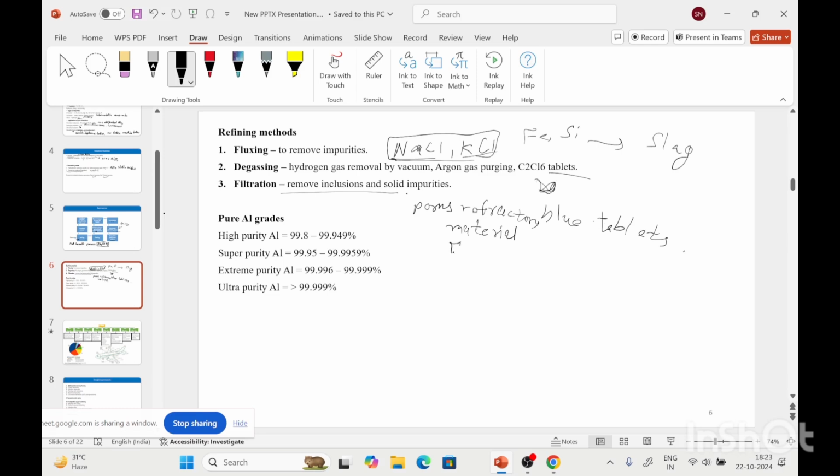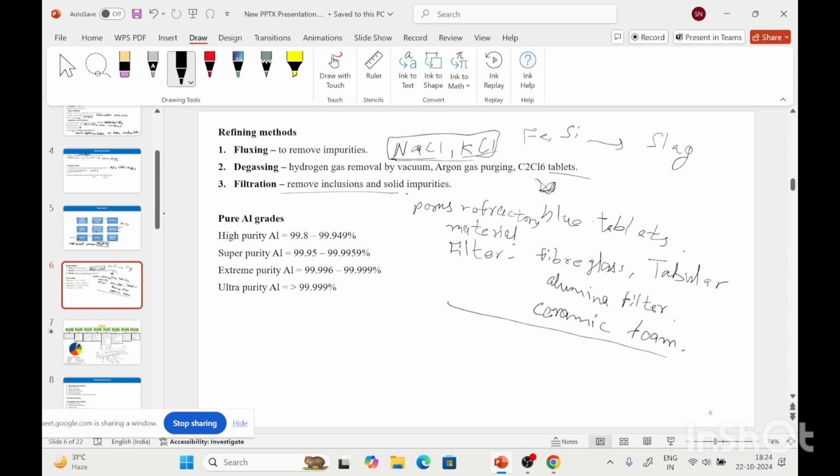Other filters can be fiberglass, tabular alumina filter, and ceramic foam. So these are the different filters used in the filtration process.